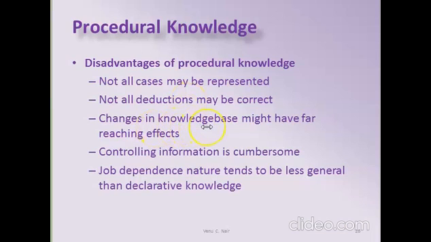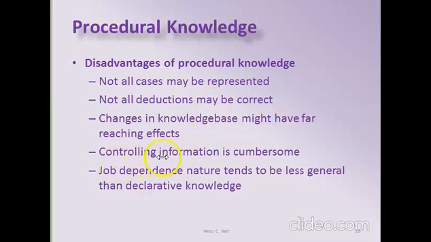Changes in the knowledge base might have far-reaching effects. We have seen that the knowledge base is of dynamic nature, and its changes because of the assumptions made may have a far-reaching effect if it is not a good assumption.